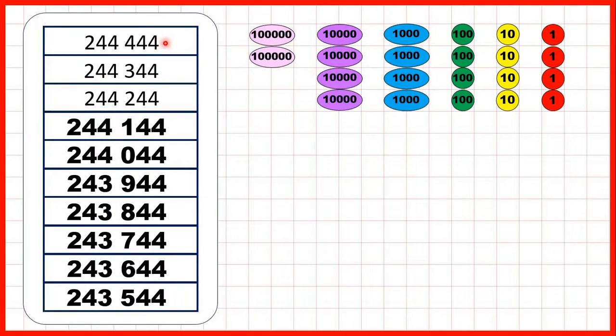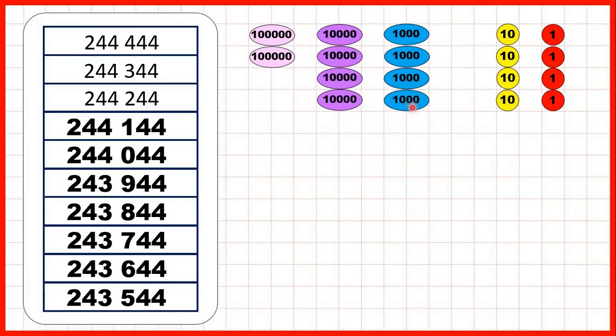Then we started with 244,444. So that's two 100,000s, four 10,000s, four 1,000s, four 100s, 4 tens and 4 ones. We were counting back in hundreds, so we can take away a 100 counter each time.